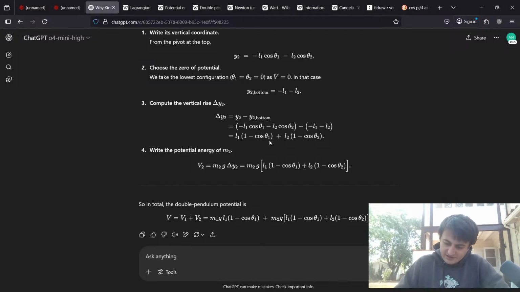Okay, cool. So this is equal to just L1, 1 minus cos theta 1, plus L2, 1 minus cos theta 2. All right, great. So now we have the potential energy is just going to be, so second potential is equal to M2 G delta Y2.